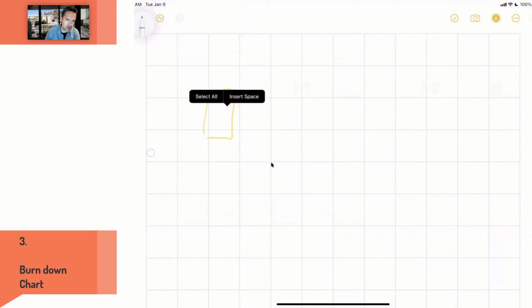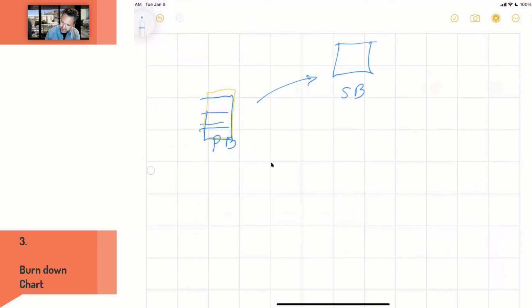In the product backlog, you have things to do. When you move to a sprint backlog, you're going to select things from here, 1, 2, and 3. And here we have more. You select this for the sprint. You are going to complete your sprint.